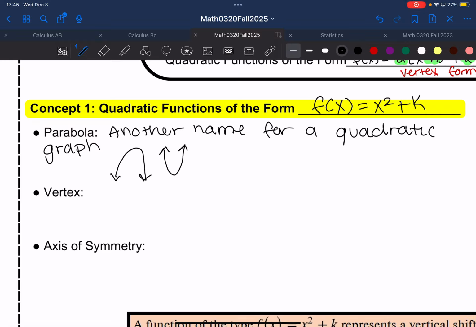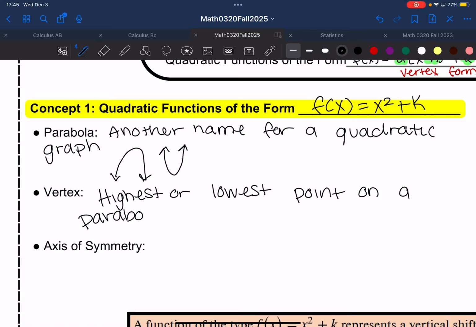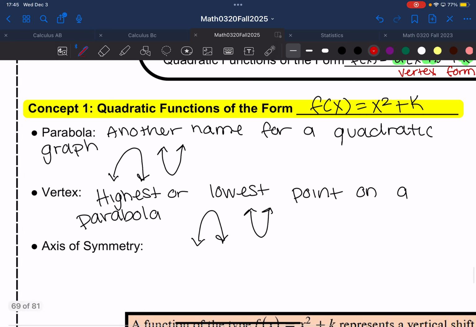Okay, the vertex is going to be the highest or lowest point on a parabola. If we have it facing down or facing up, it's either the highest or the lowest. We have other names for that, and it is called the maximum versus the minimum value.